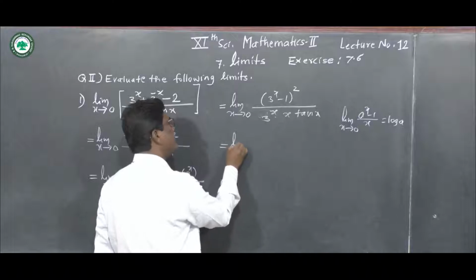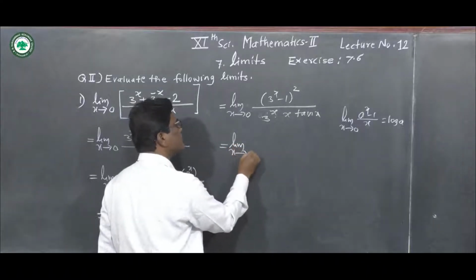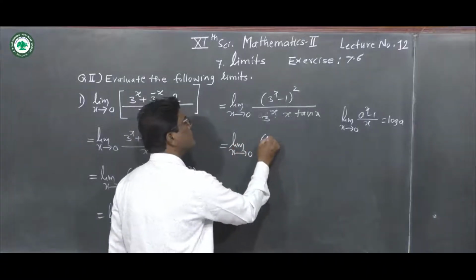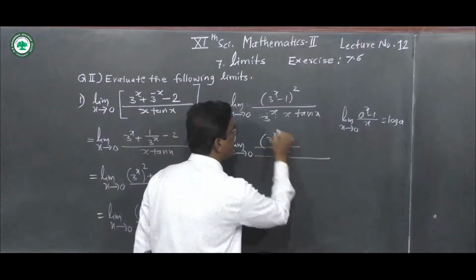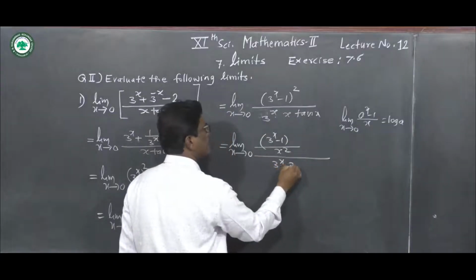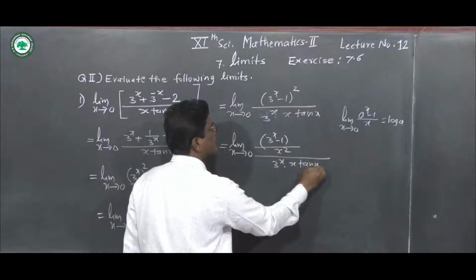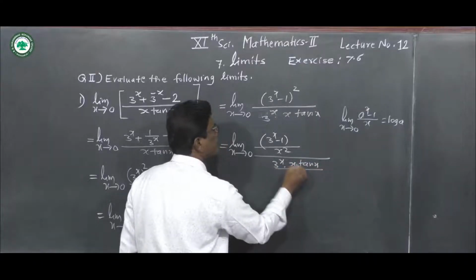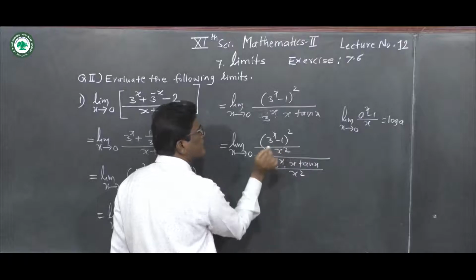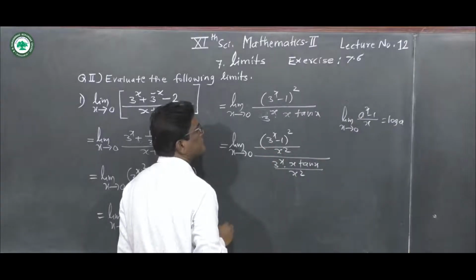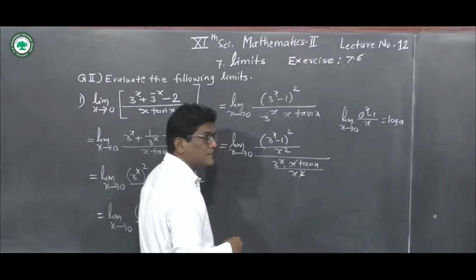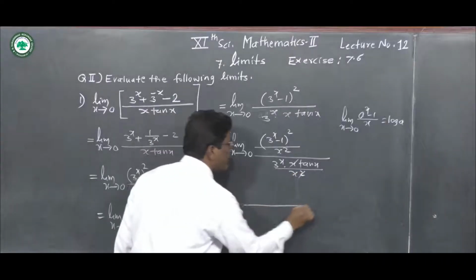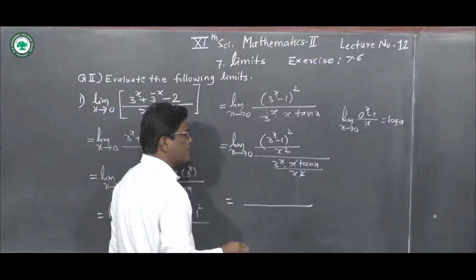So we get limit as x tends to 0, 3 to the power x minus 1 upon x square, and divided by this 3 to the power x into x tan x upon x square, means we divide the numerator by x square and the denominator by x square. Okay, so now this x and x get cancelled, so we now take this limit to numerator and denominator separately.